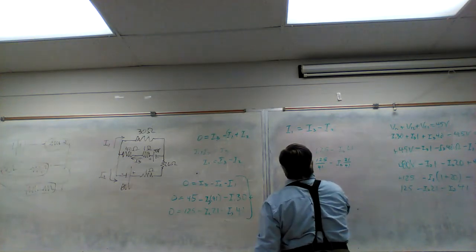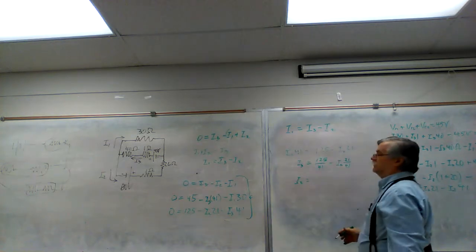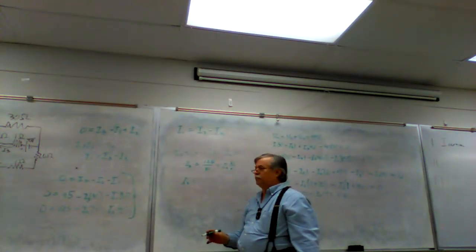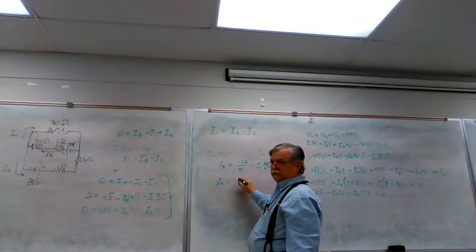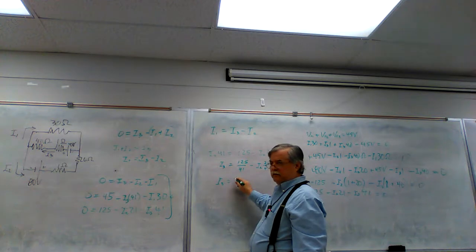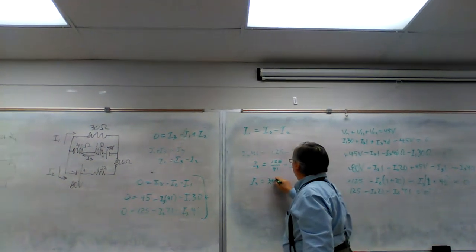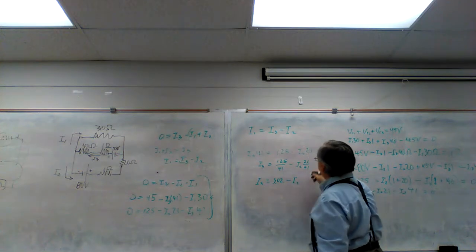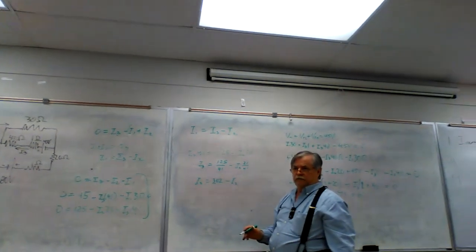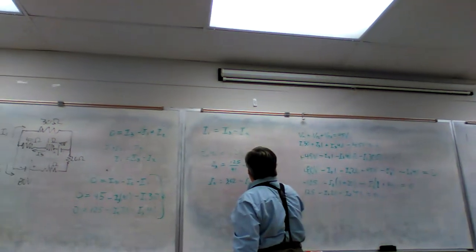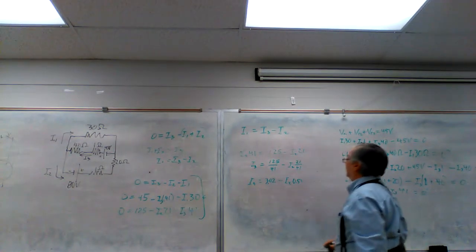And that gives us, again with the calculators, somebody help. 125 over 41 will be 3 and change, right? 3.02 minus I2 times 21 over 41, which is 0.51. Okay.